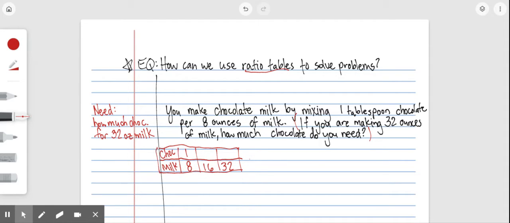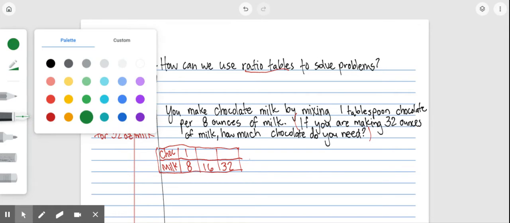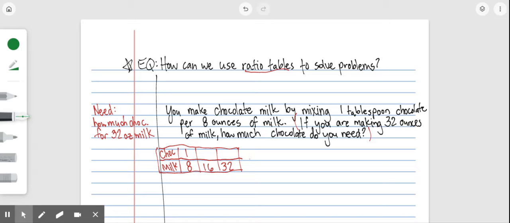Okay, so here's my table. Here's what I was given. So what I'm going to do is use the same steps that we did yesterday to find my missing spots here and here. Okay. So I have 1 tablespoon of chocolate for every 8 ounces of milk. If I'm trying to find the spot above the 16, I know that it's going to be equal to 16 ounces of milk for how many tablespoons of chocolate.